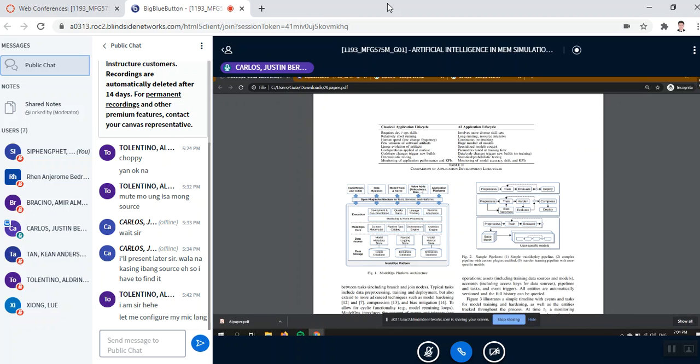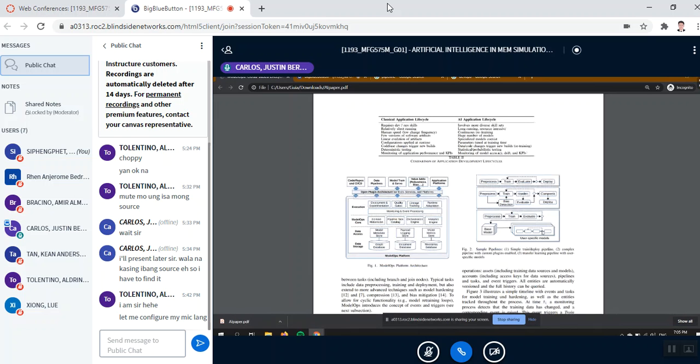So from here, what it does is it first executes a certain event, which is then followed by the model ops core, which is to model the actual AI, and then followed by the data access, which will then be eventually stored in the data. So in figure 2, they showed the sample pipelines, wherein the first pipeline is a simple train deploy pipeline.